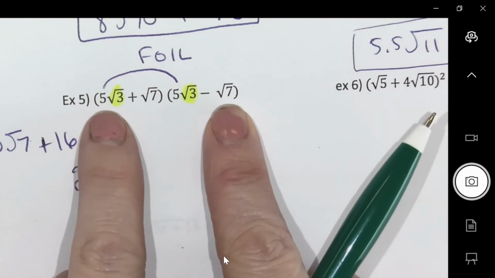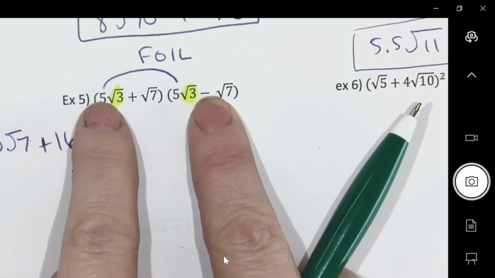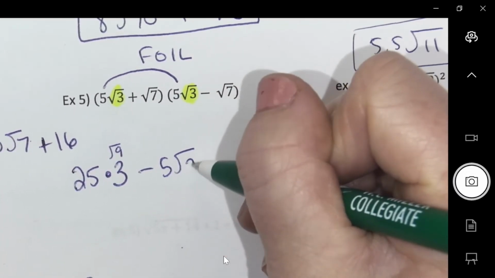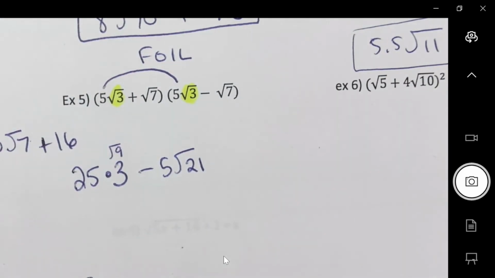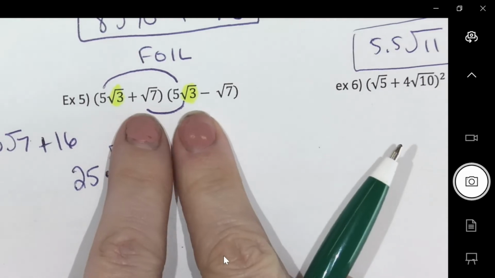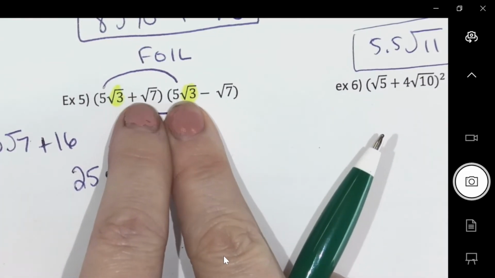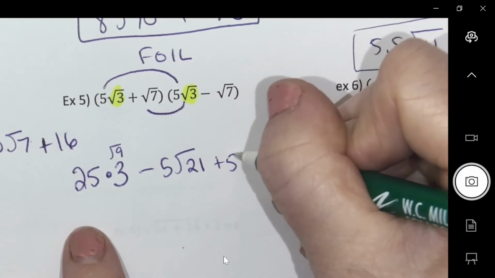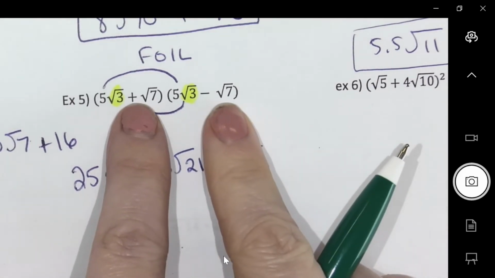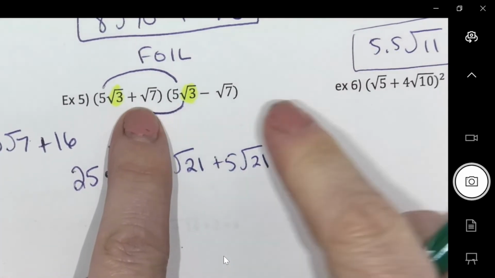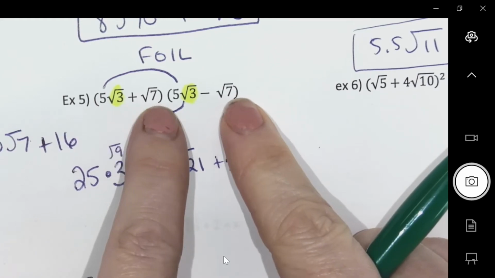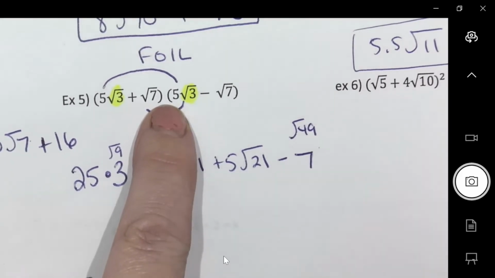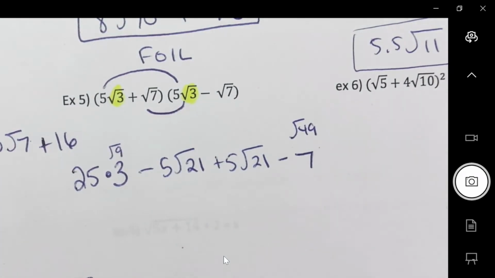Okay, outsides, minus 5 root 21. Insides, plus 5 root 21. Last is subtract. Some of you might write a root 49, and some of you might write just the whole number 7.